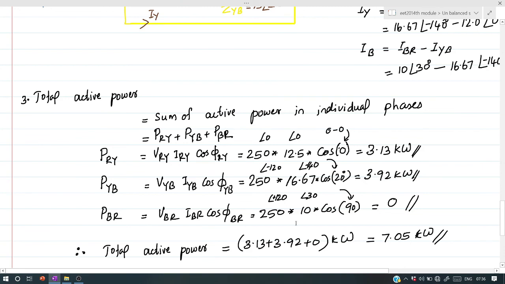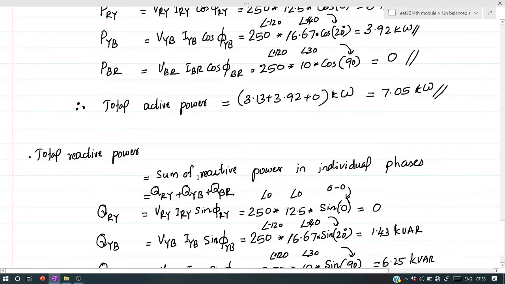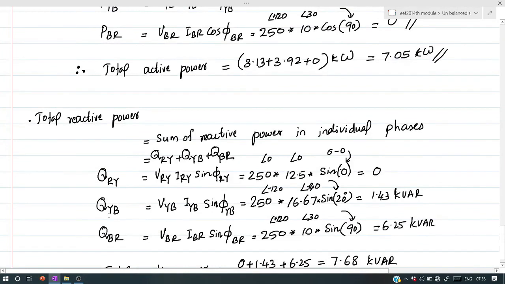Next part of this problem is total reactive power. So total reactive power is equal to sum of reactive power in individual phases, QRY plus QYB plus QBR. QRY can be found out by means of this expression and it is obtained as 0 kVAR. Similarly, QYB is equal to VYB IYB sin phi YB.